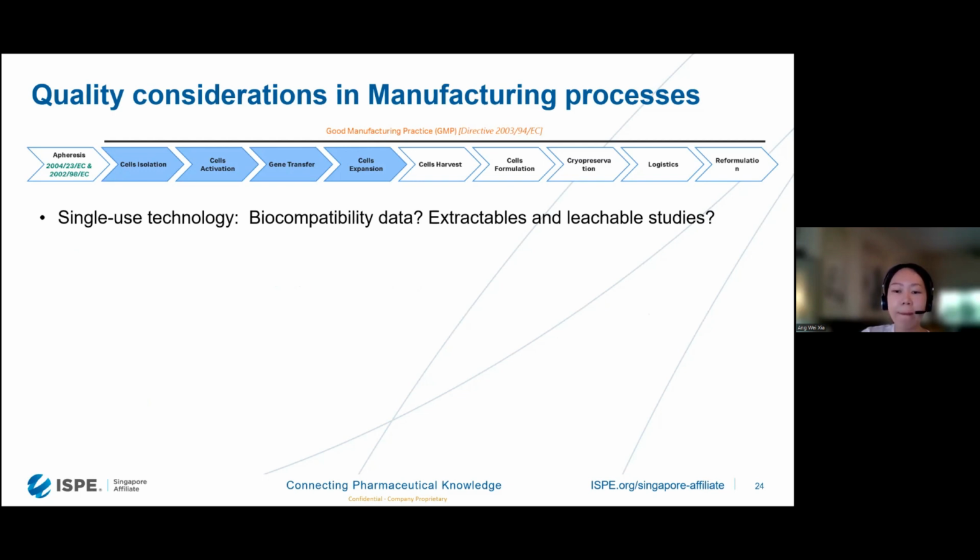Notwithstanding this, manufacturers are required to perform biocompatibility studies to ensure the single-use system is compatible with cell culture, with any downstream product and process conditions, as well as identifying and minimizing potential leachables and extractables that can migrate from plastic materials into the production stream.